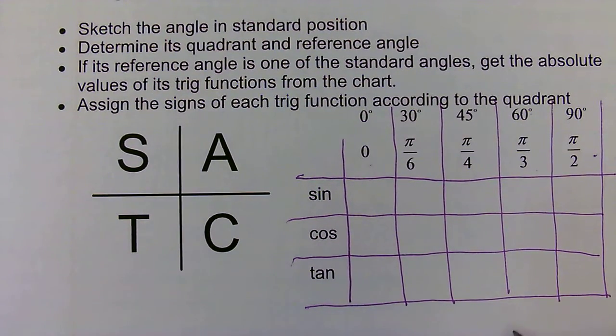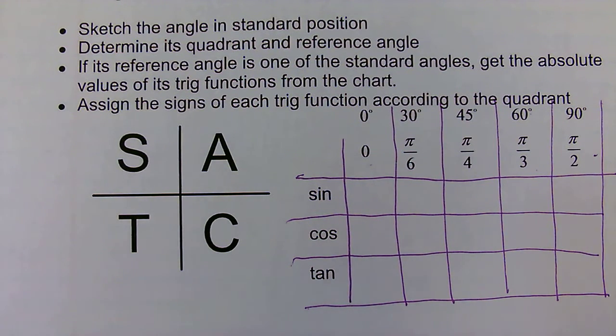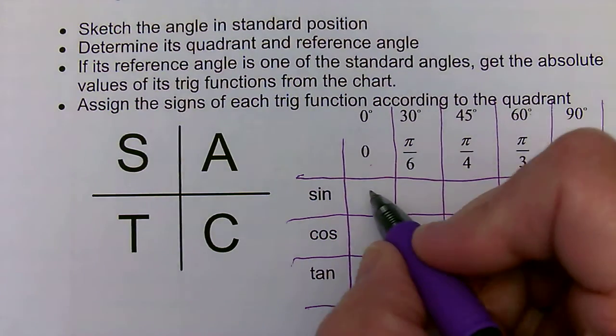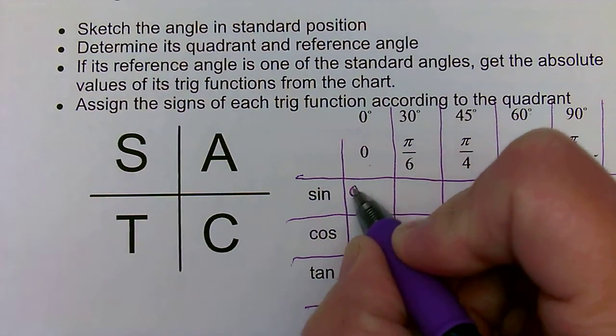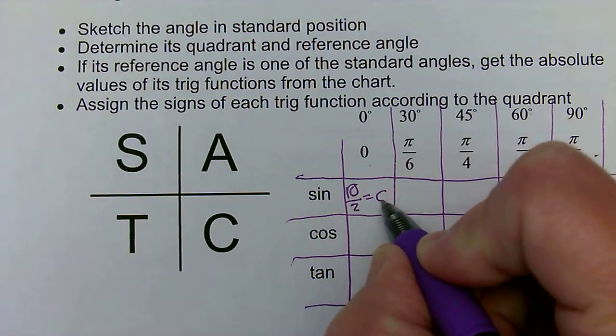Now, to get the trig values, for the first row, you count from 0 to 4, take the square roots, and put them over 2. So the square root of 0 is 0, over 2 reduces to 0.